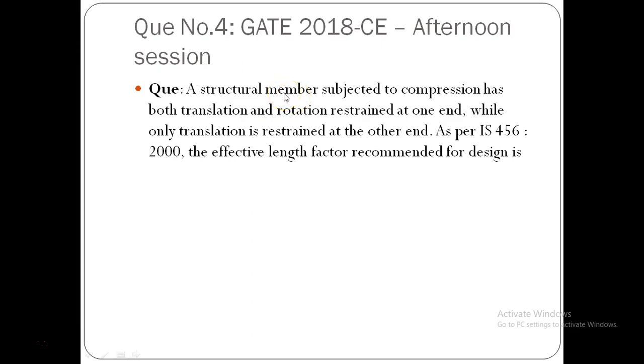So, options are 0.5, 0.65, 0.7 and 0.8. Now again, this particular question is easy, since the student has to just recall the particular table and accordingly mark what is the effective length.